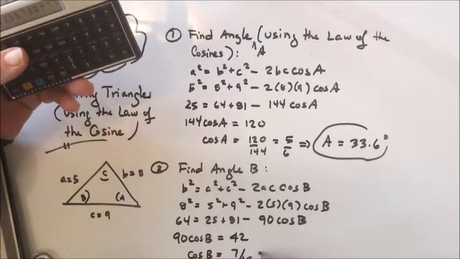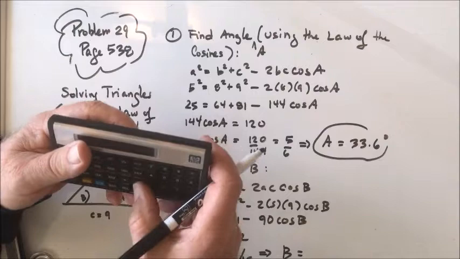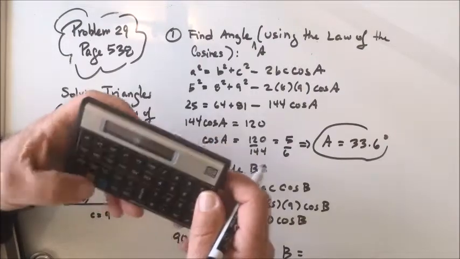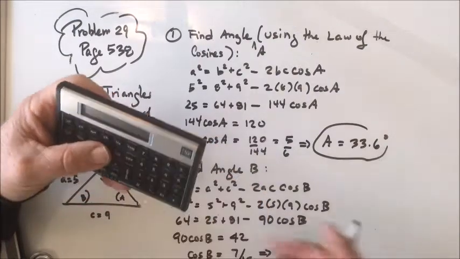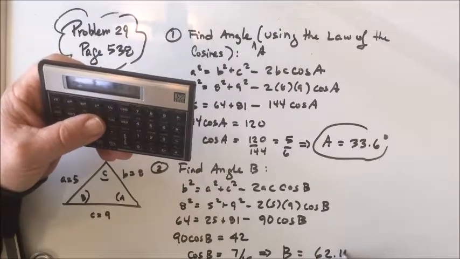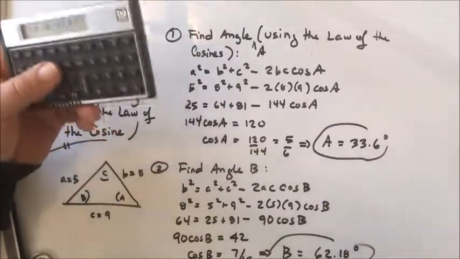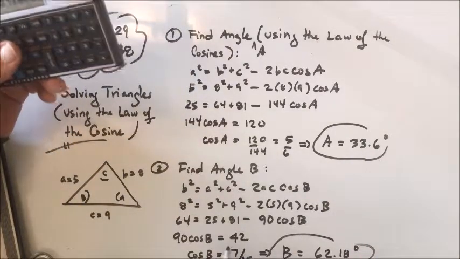Okay, and therefore, B is equal to 7 enter, 15 divide, arc cosine, which is 62.18 degrees. And all I have to do is add that to that and subtract the two of them from 180.